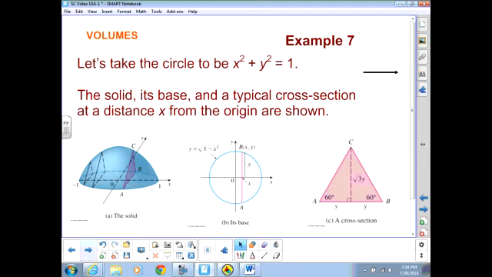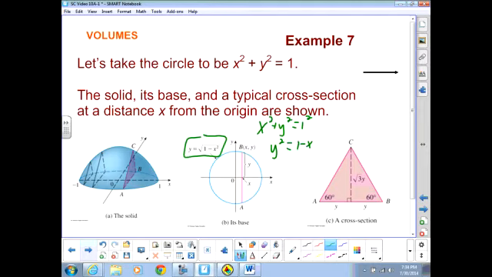Now where this y equals is coming from, if the center's at the origin, we know that's really x squared plus y squared equals 1 squared. Well, that's y squared equals 1 minus x squared. And then y is equal to the square root of 1 minus x squared. Okay, and that's the top part there.